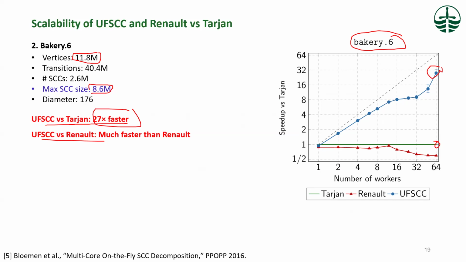One more thing is why Renault is failing. Here it doesn't have 64 cores. It doesn't have any speedup, and it's even much slower than the sequential version. And why is that? Because Renault runs a parallel DFS.